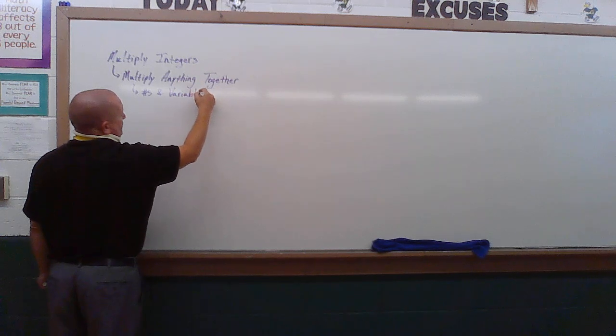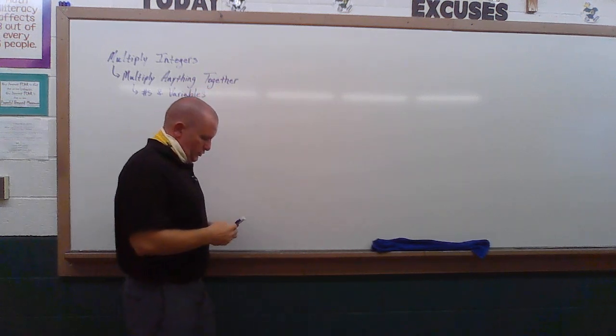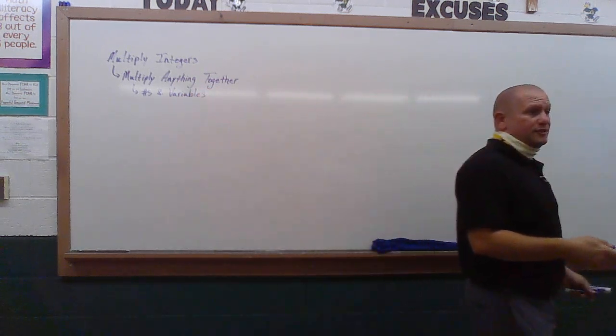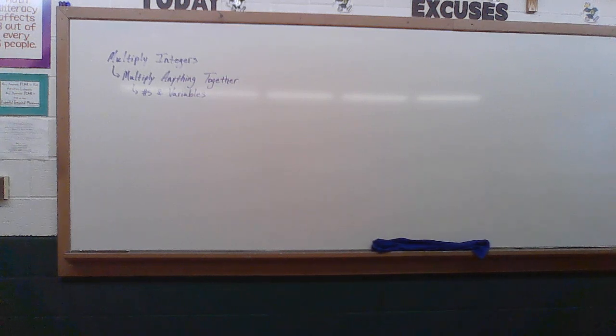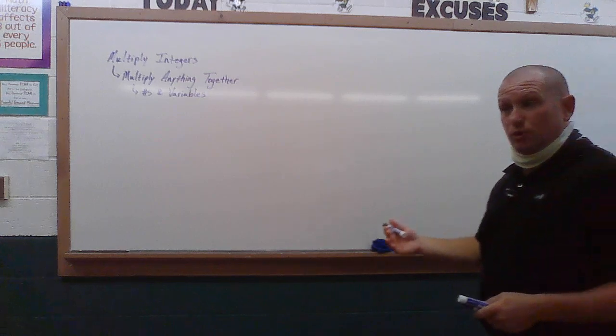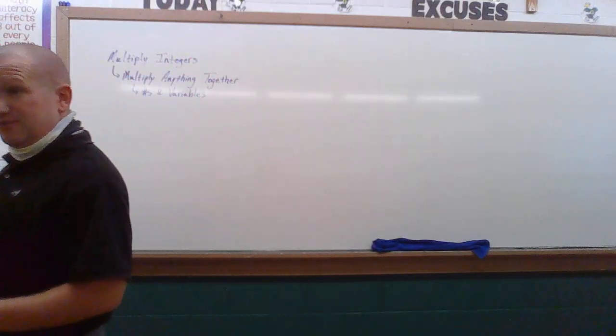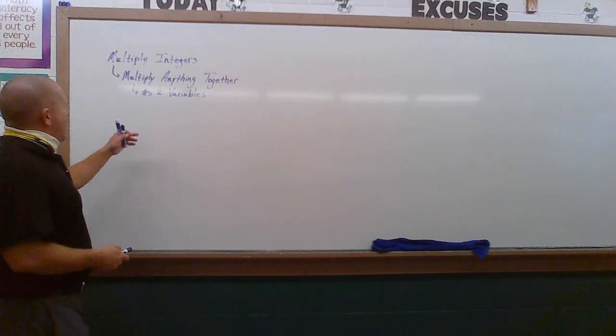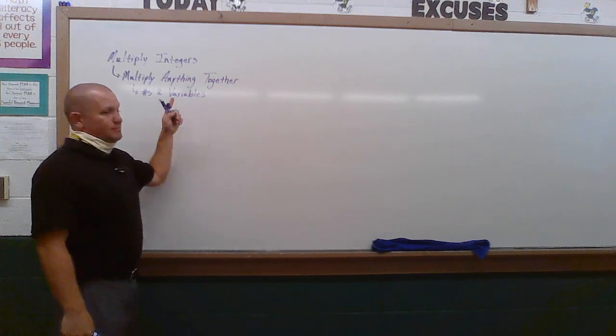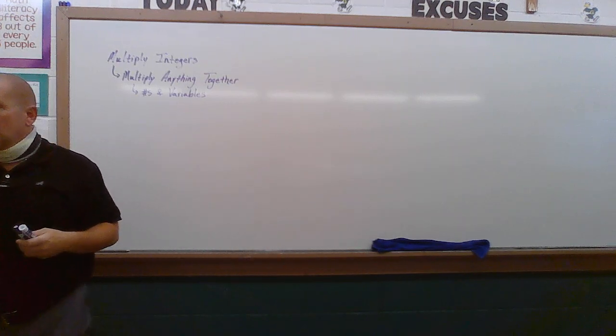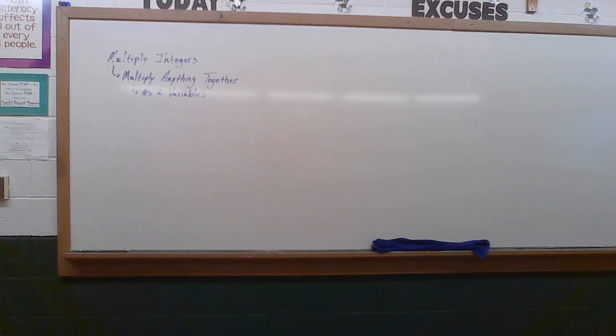You can multiply together. So again, if I have a variable, it doesn't matter if it's a variable with just the variable by itself, or if it's a variable with an exponent, like y to the fifth. Okay? How do I show a number times a variable? How do I know that I multiplied if I have one number and one letter in the problem?